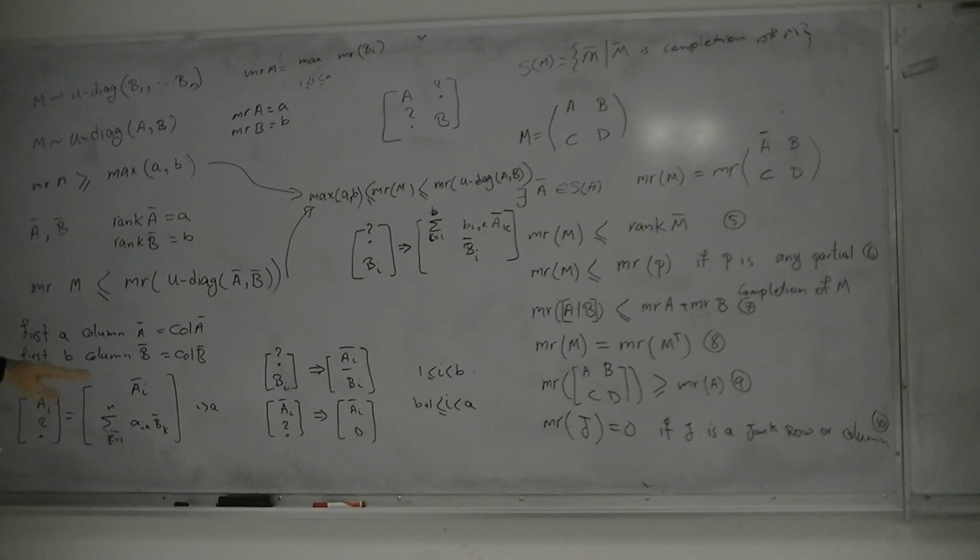And we know that, for example, the first A columns are used here to complete the unknown values.